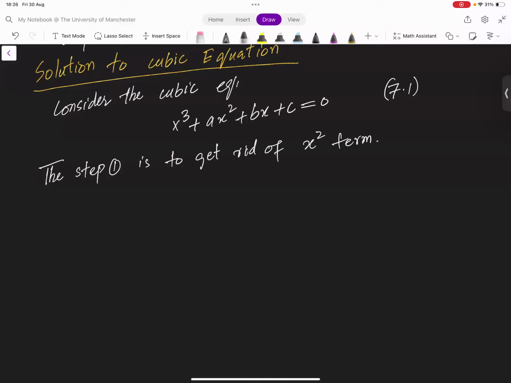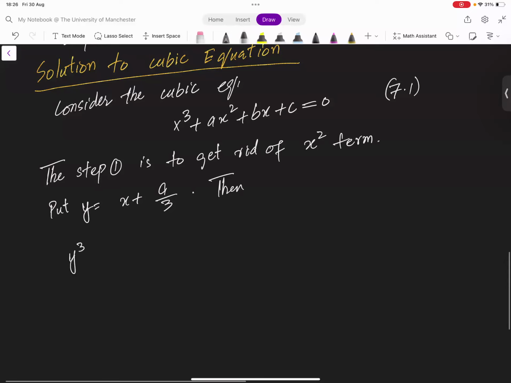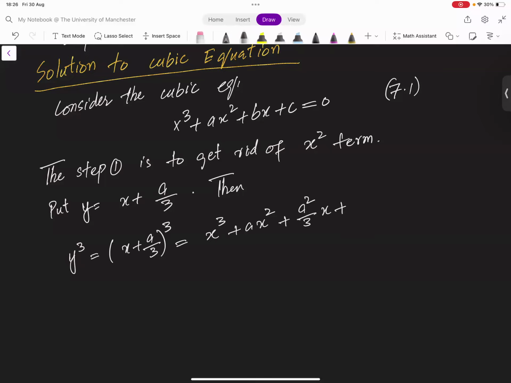This is easily done. Put y is x plus a over 3, then y cube is nothing but x plus a over 3 cube, which is x cube plus ax square plus a square over 3 x plus a cube over 27.